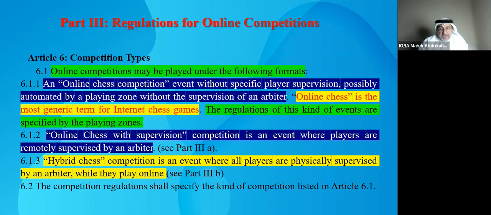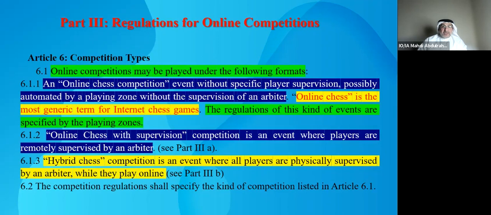Sometimes, in an open tournament or maybe a Swiss tournament, players sitting in one place, maybe players from the UAE sitting in the chess federation, 10 players, but the pairing makes them play each other. Maybe 2 or 4 play each other while they are sitting in the same place.